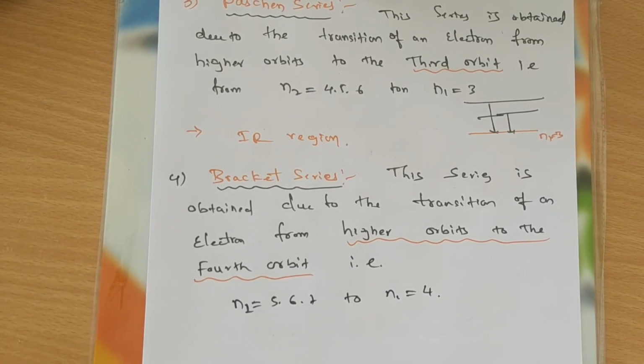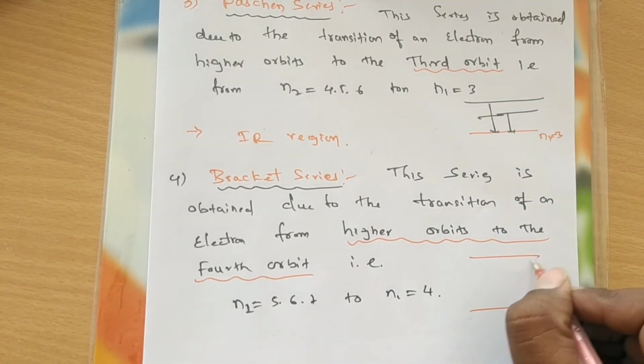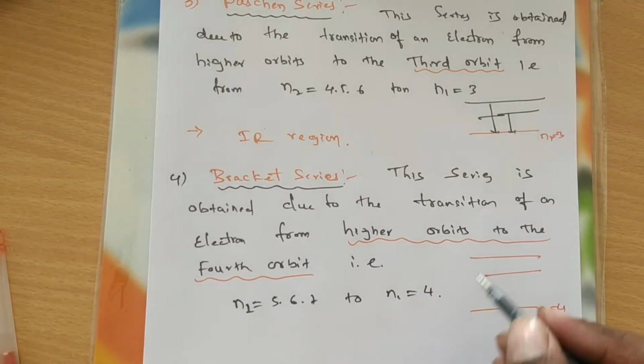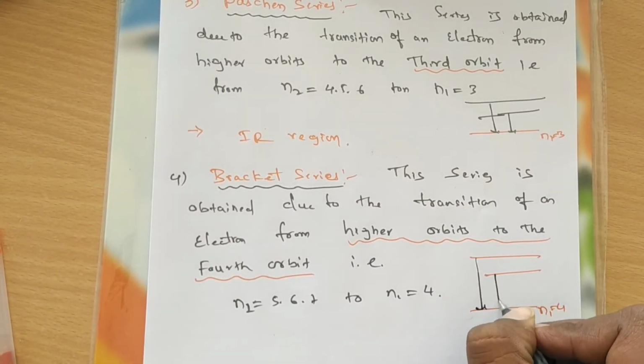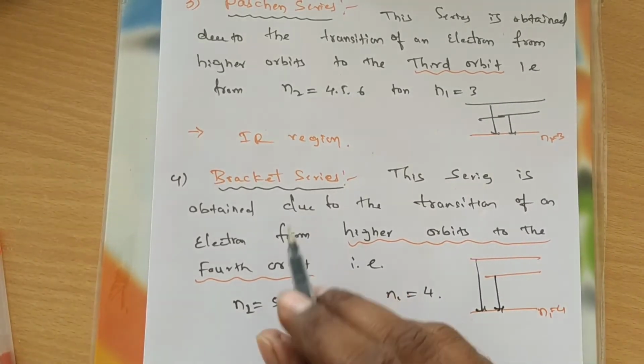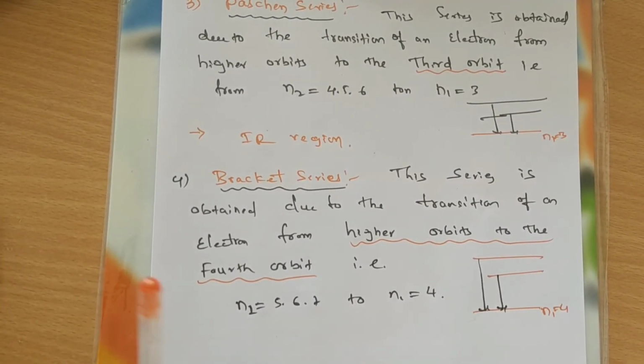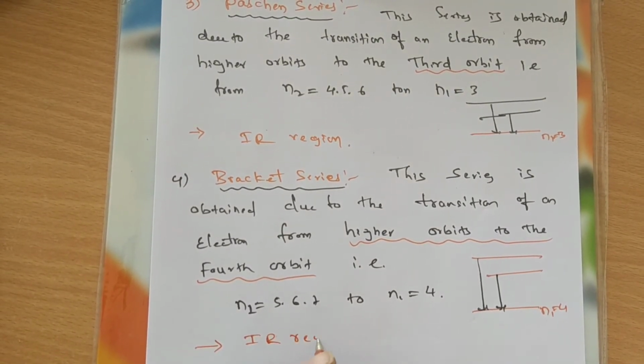Electron jumps from higher orbit to the fourth orbit. This is called the Brackett series, and this is also observed in the IR region.